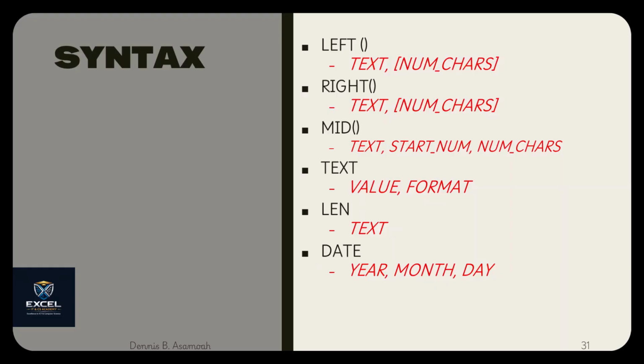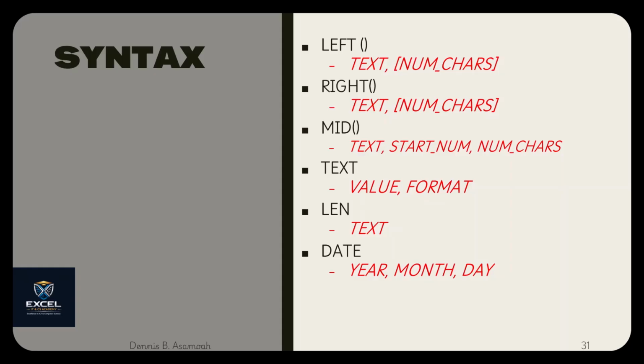The LEFT function has two parameters, the text and number of characters. The number of characters is optional, meaning you can decide to call it or not. However, by default, it is always 1. So even if you don't use that parameter, 1 will be entered as default.